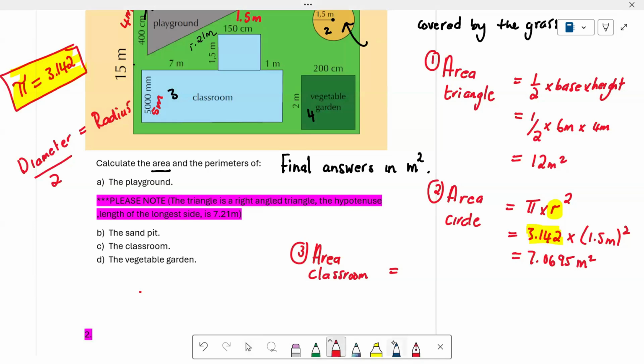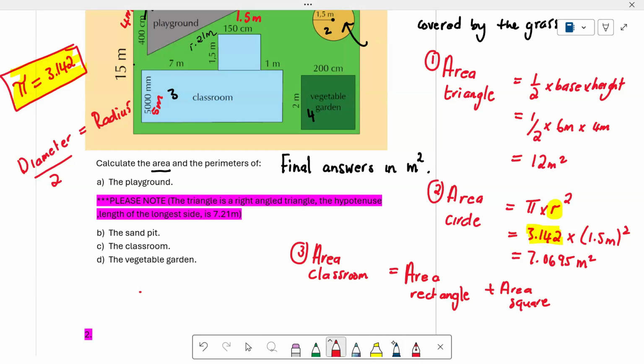So the area of the rectangle is going to be 5 times 9,5 because you add the 7 meters and the 1,5 and the 1 meter. And then that's going to be 47,5. Good.